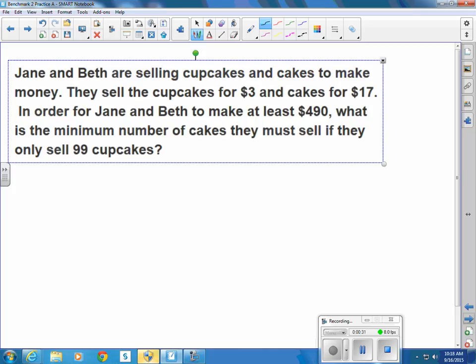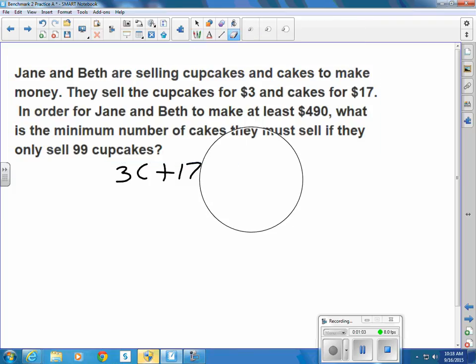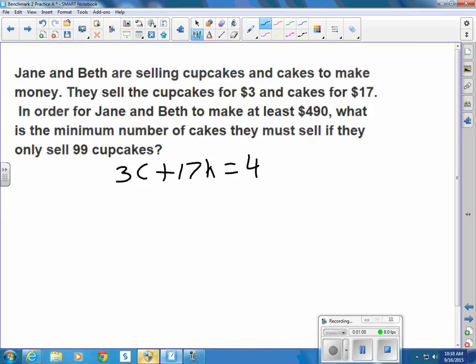Well, let's write an equation. $3 times the number of cupcakes, so 3 times C. If I add that to $17 times the number of cakes, with cakes being K, those would add up to a total, they would equal in this case $490.